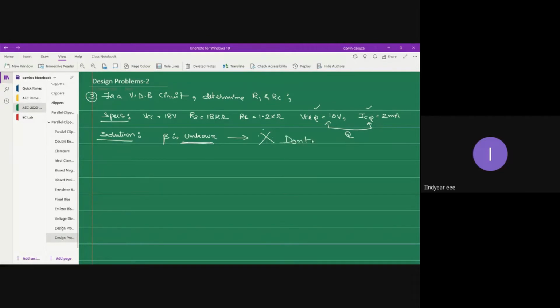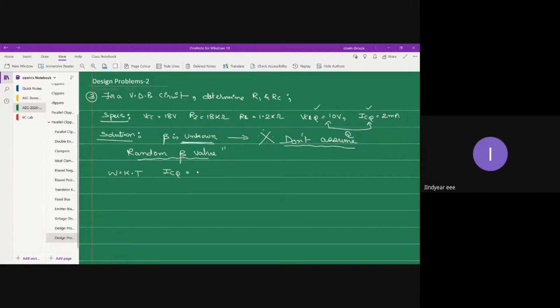The caution from my side is: don't assume a random beta value. Because the coordinates of the Q point are given, you do not require a beta value. All right, so let's get into the solution.